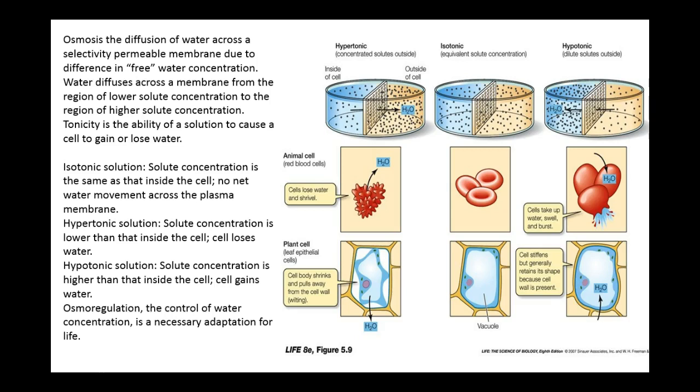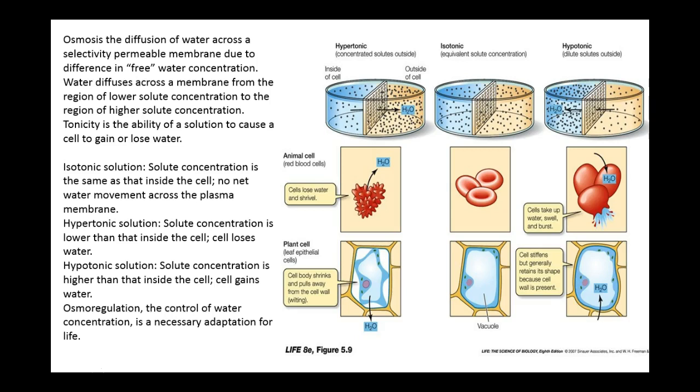You're seeing that in the animal cell, it's actually a blood cell that is going to shrink and shrivel up. In a hypotonic solution, concentration is higher inside the cell than outside, and it's going to be the farthest to the right in the red blood cell, and so that's going to cause that cell to actually take in water to the point where it breaks open, it'll burst.